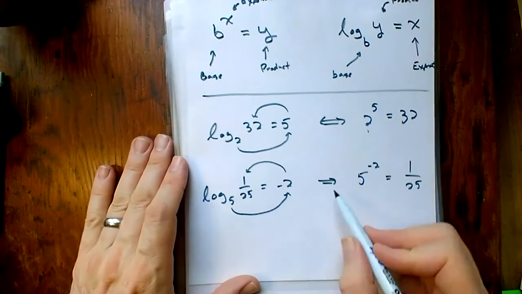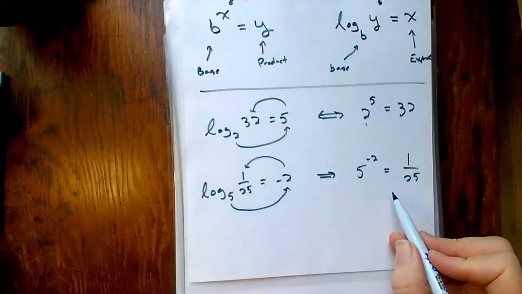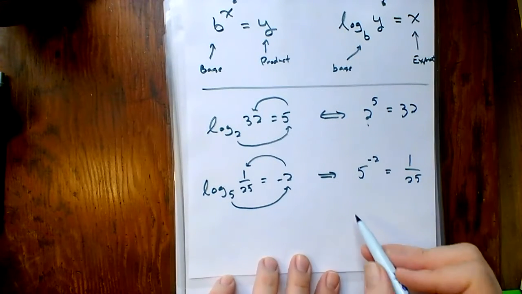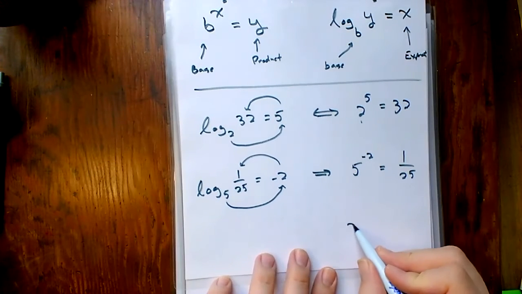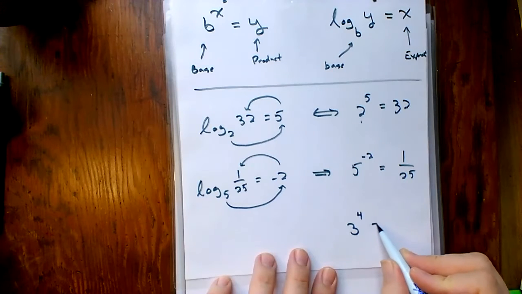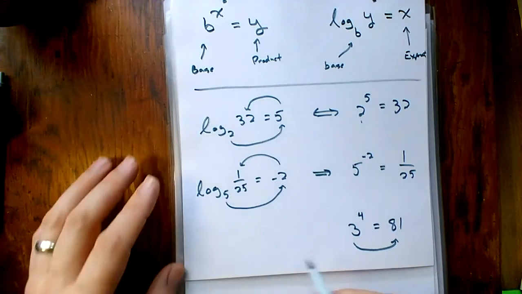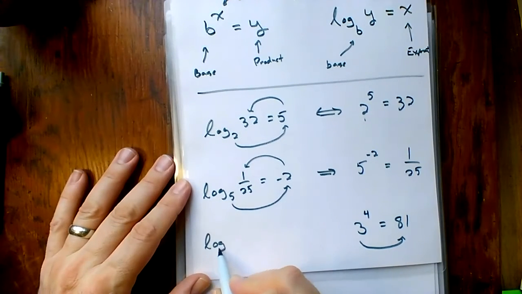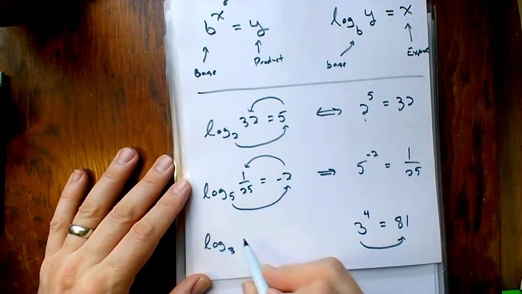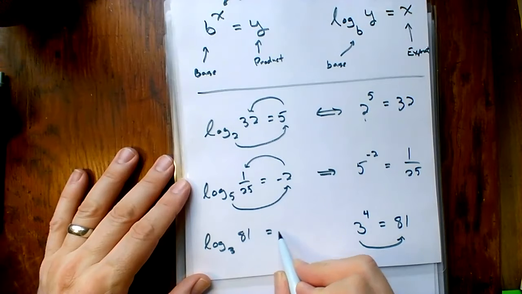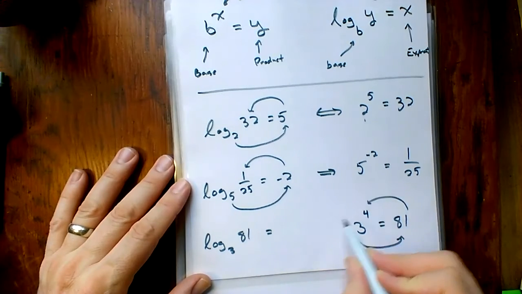Same thing happens if I decide to start with something in exponential form. Say I've got 3 to the fourth is equal to 81. Start with the base, and here I can move to the product. So I could say, okay, log base 3 of 81 is equal to 4.